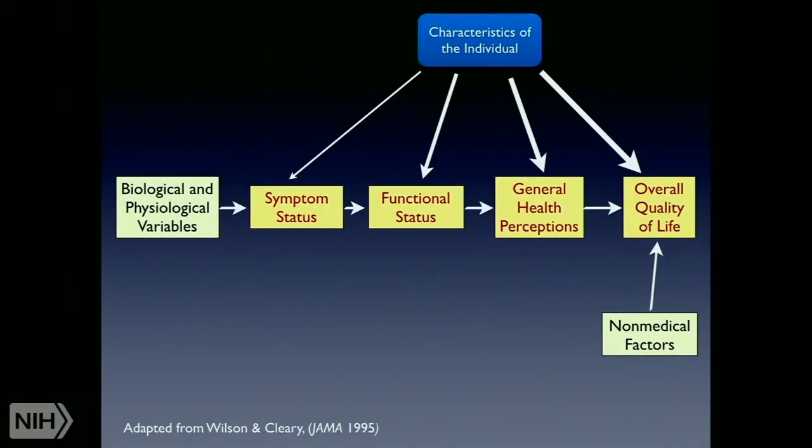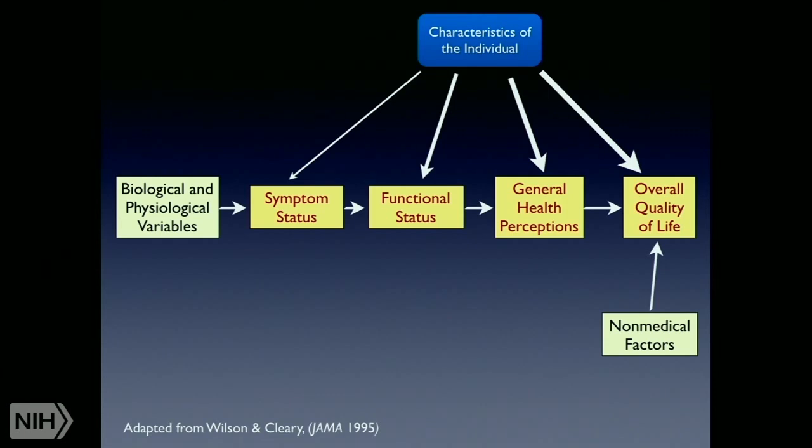Right? Any clinician here knows that certain patients seem to have personalities that amplify the experience of pain. So you could have two patients with the exact same structural or physiological problem who have very different pain experiences. Right? So there are characteristics of the individual that can also influence all these different things.